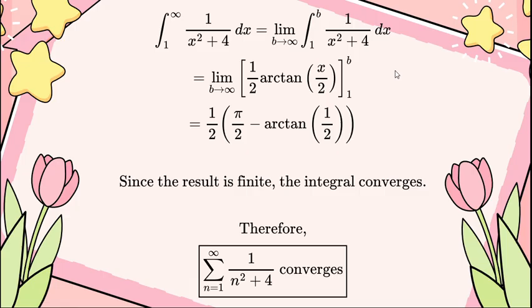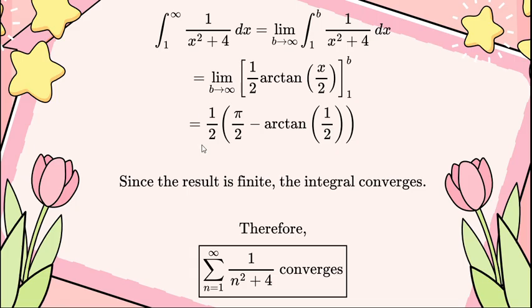We have 1 over u squared plus a squared, and the value of a here is 2, since if we multiply 2 by itself, we have 4. So the limit as b approaches infinity, we have 1 over a, where a is 2, times arctangent of u over a. Our u is x, our a is 2, evaluated from 1 to b.